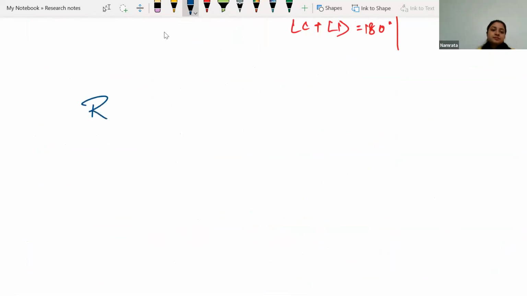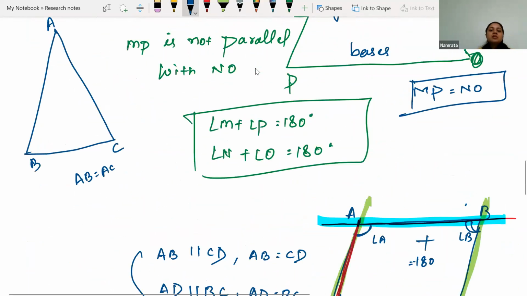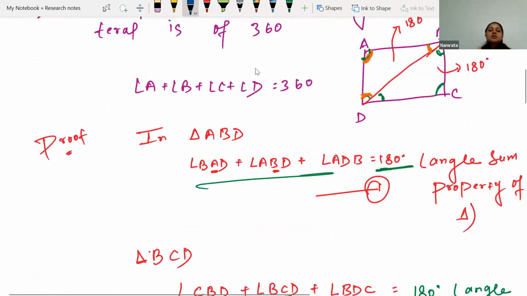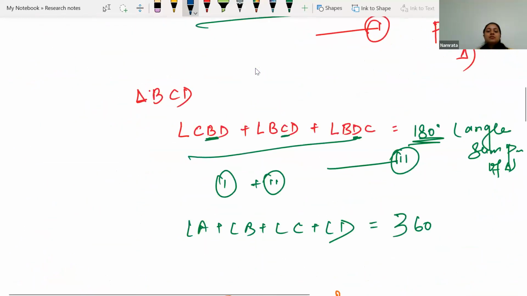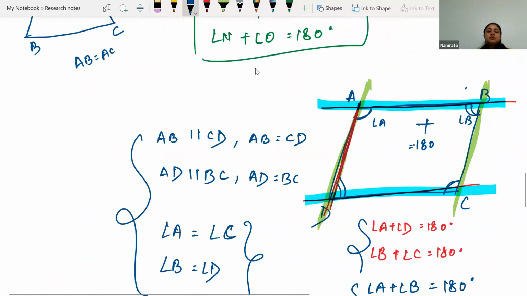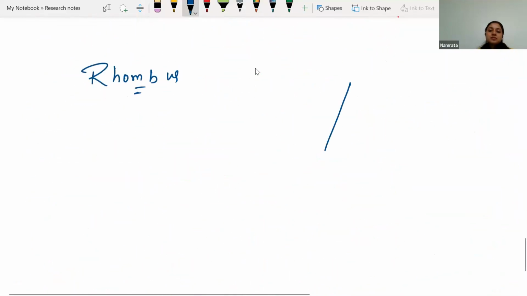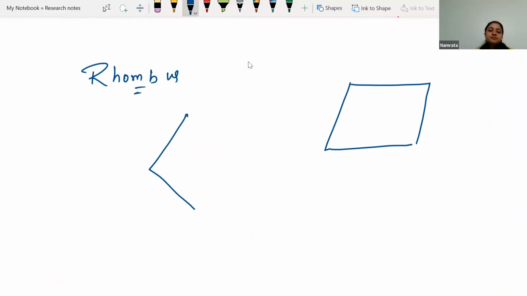Rhombus. Now as you can see in the picture, in the first place, a rhombus is a parallelogram. And then a rhombus will have its own particular qualities or properties. So a rhombus is a quadrilateral, or we can draw a rhombus like this also.